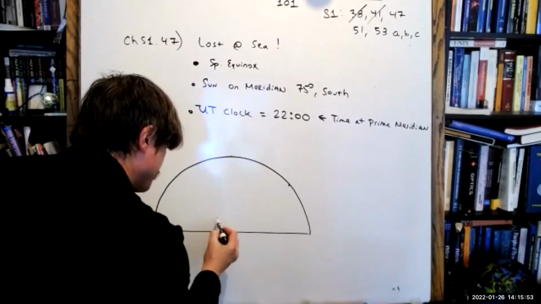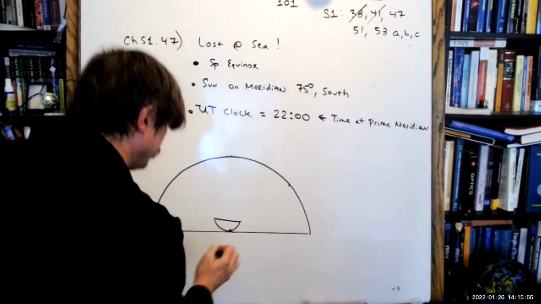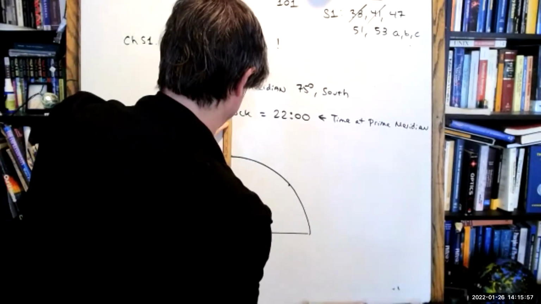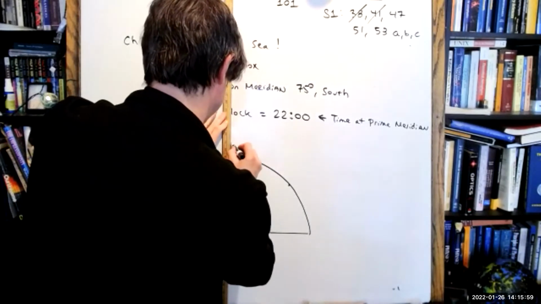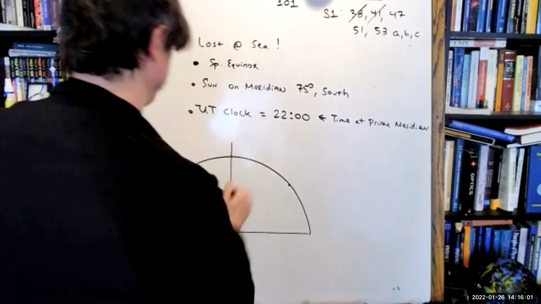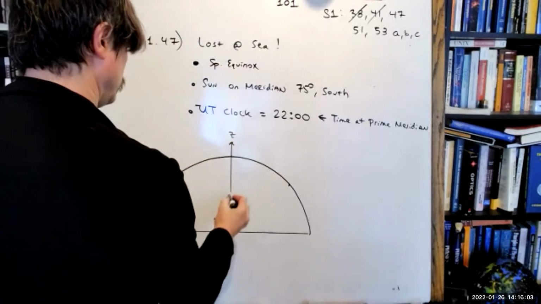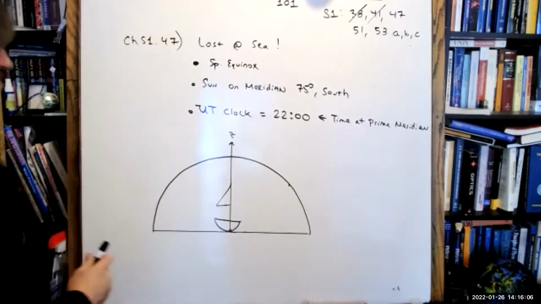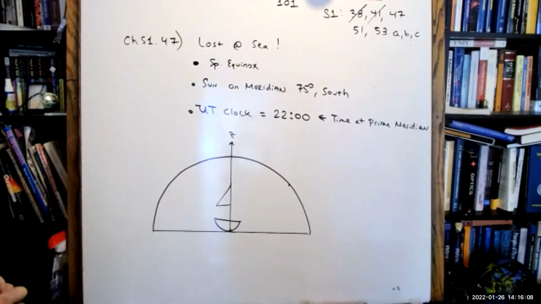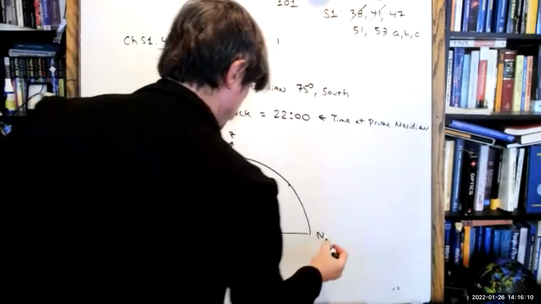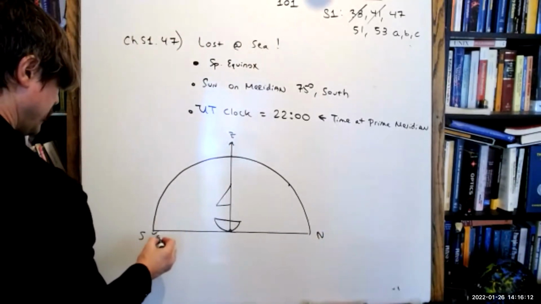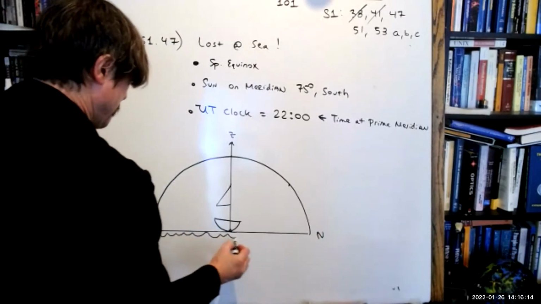Draw a boat. Make the mast point towards the zenith. Make this north. Make this south. Put some happy waves.